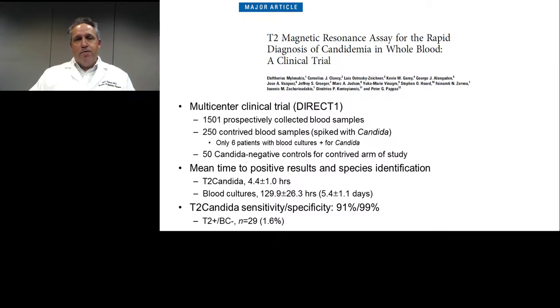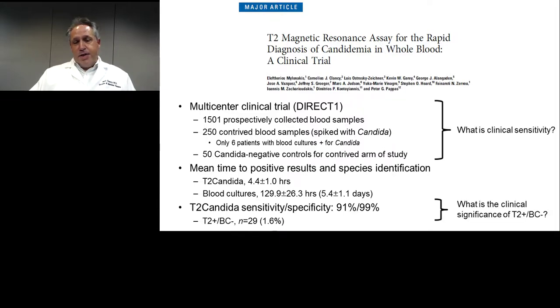There were also 250 contrived blood samples that were spiked with various concentrations of the 5 species that are detected. And with these samples, the sensitivity and specificity of T2 Candida, as shown on the bottom of the slide here, were 91% and 99% respectively. And the turnaround time for the test was 4 hours plus or minus 1 hour, compared to 5 plus or minus 1 days for blood culture.